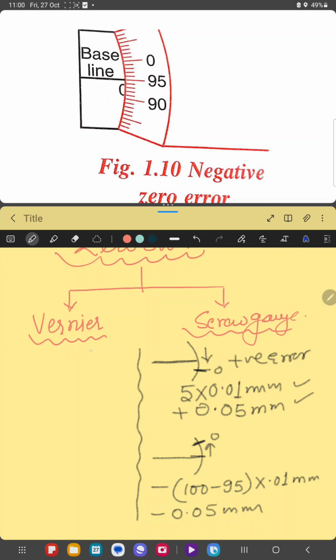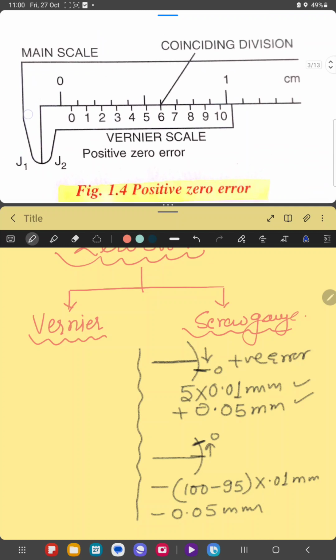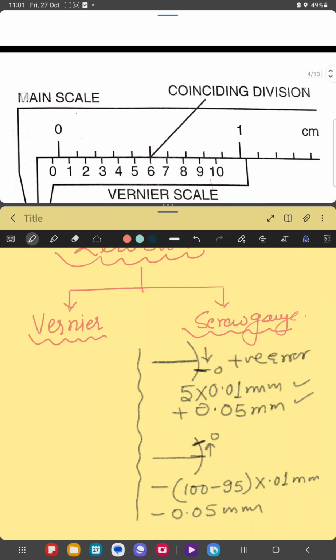Similarly, we can do it in the vernier case. In diagram 1.4, you can see that when the vernier zero is ahead, that is called positive error. Whatever number is coinciding, here the 6th column, 6 multiplied by the least count gives the positive error.